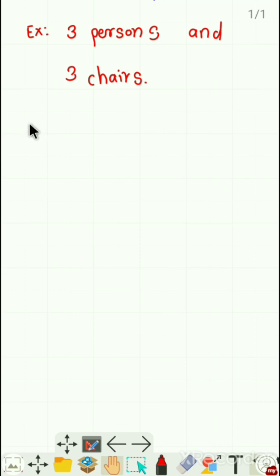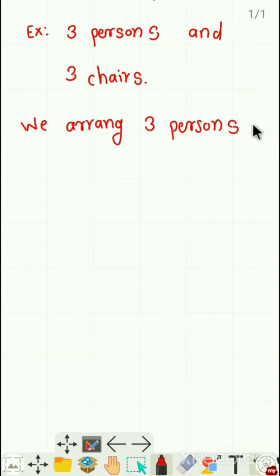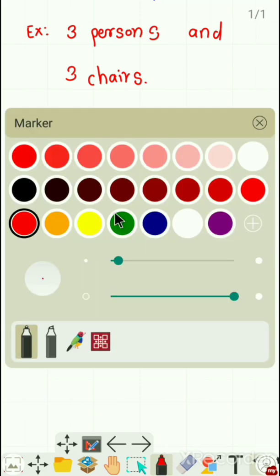We arrange three persons on three chairs. How many ways are there to do this thing?